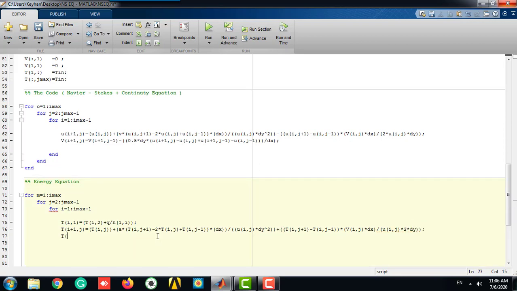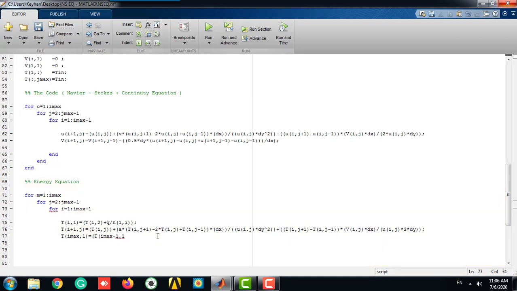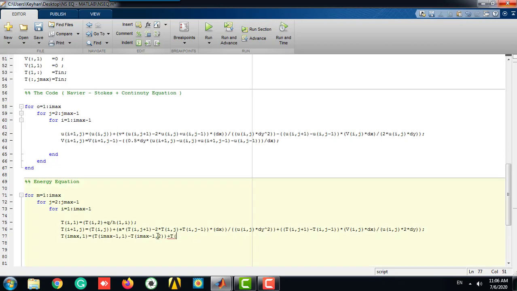That is that. In the third line, we write the equation to calculate the end of the plate, which is T i max,1 in the first place.